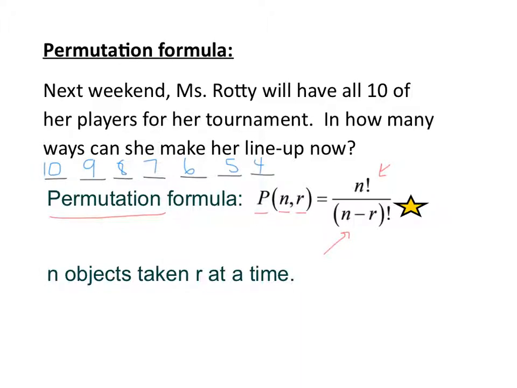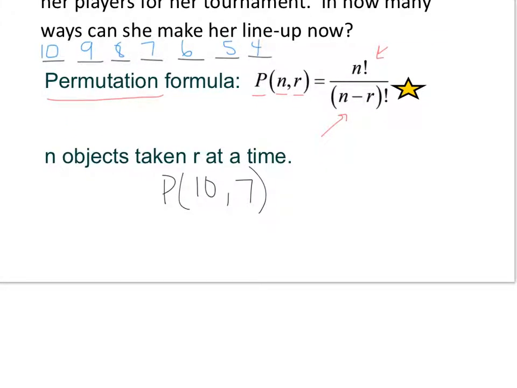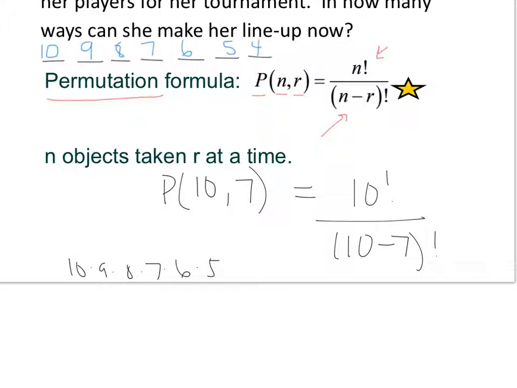So in my calculator, this will look like the permutation of 10 choose 7. Or if I want to write out the formula first, this would look like 10 factorial over 10 minus 7 factorial. If I write this all out, 10 factorial is 10 times 9 times 8 times 7 times 6, 5, 4, 3, 2, 1, over 10 minus 7 is 3, so over 3 times 2 times 1, and what cancels out is the 3, 2, and 1.